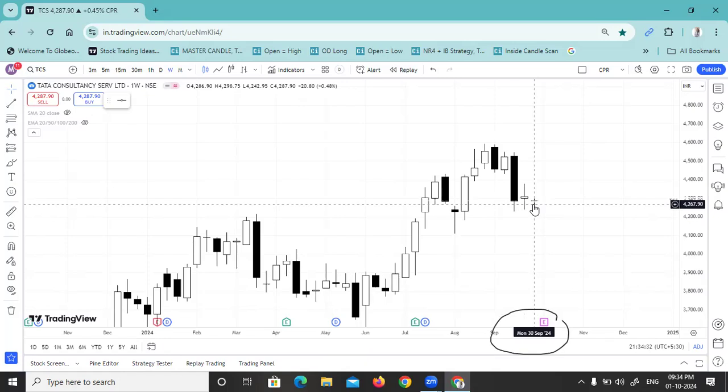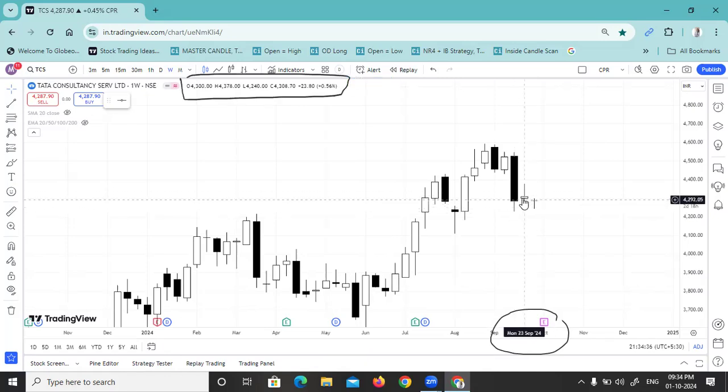Okay, look at the OHLC data. So how you will read this OHLC data? If I keep a cursor on second last candle, last week, price opened at 4,300. So this is called a weekly open now, since this is a weekly graph. On Monday, 23rd September, price opened at 4,300.